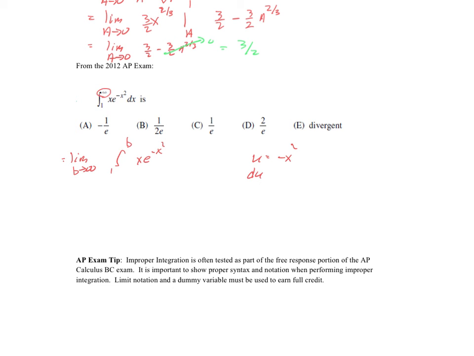And I can substitute out the power. So that means I would need to force in a -2 and counter with a -1/2. So then I would have a -1/2, my integral of e to the u du.